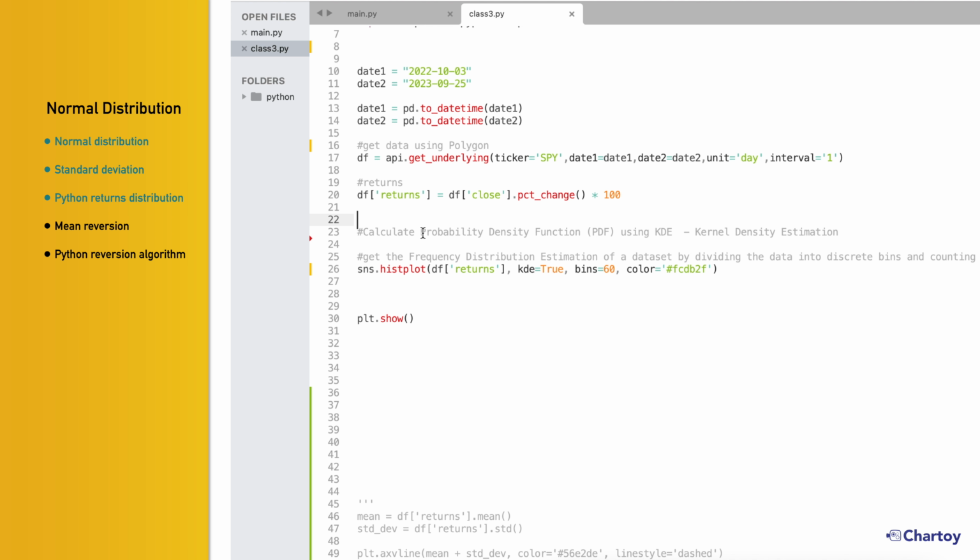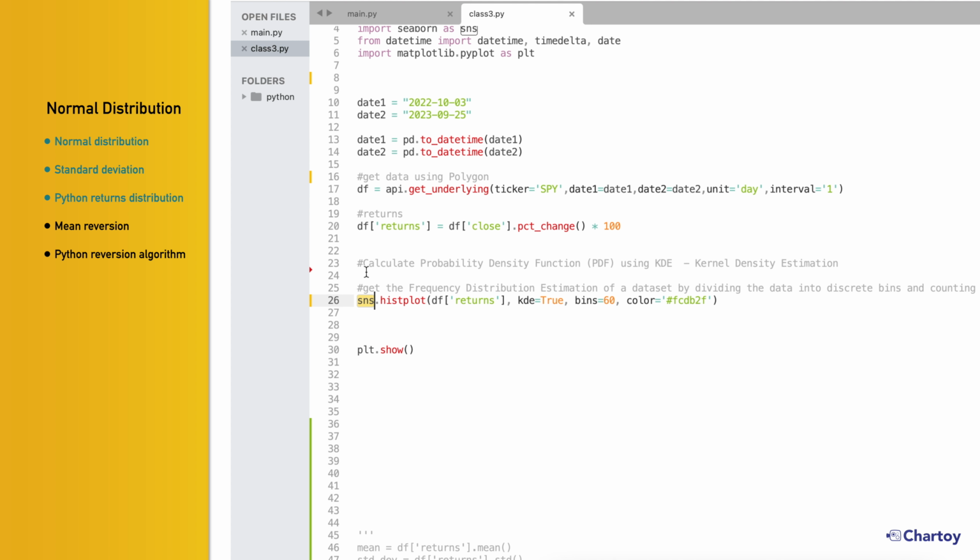Now we want to calculate this probability density function, which means the normal distribution. And to do that, we are using something called KDE. KDE is a statistical technique used for estimating the probability density function, which is called PDF. So here we are using it with SNS.